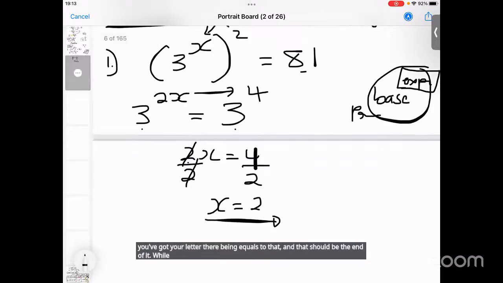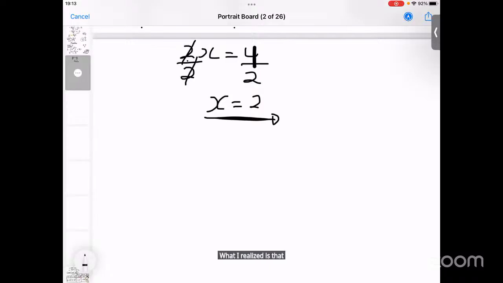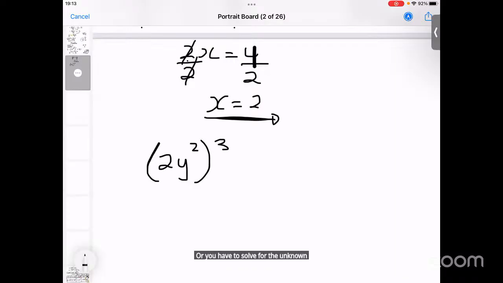While we are still on this one, honorable members, what I realize is that sometimes you are given, let's say, I'll keep it simple and say 2, maybe let's say y to the exponent of 2, and then this is to the exponent of 3. Doesn't matter whether you have to simplify or you have to solve for the unknown. But what matters the most is for you to be able to know that inside the brackets, how many bases are you having there?